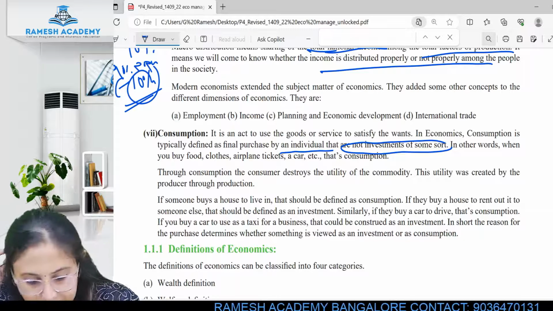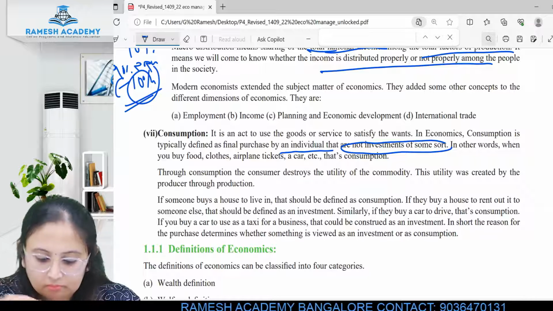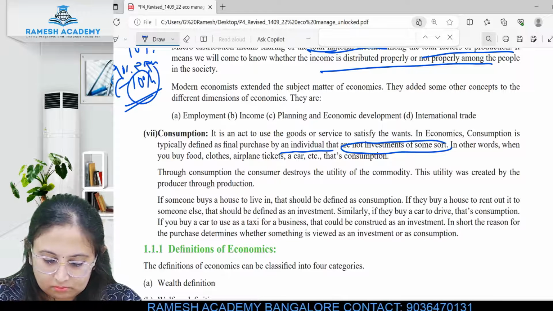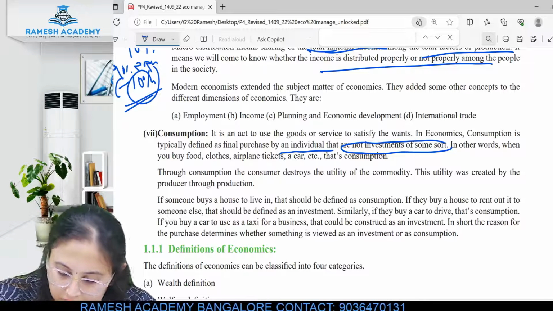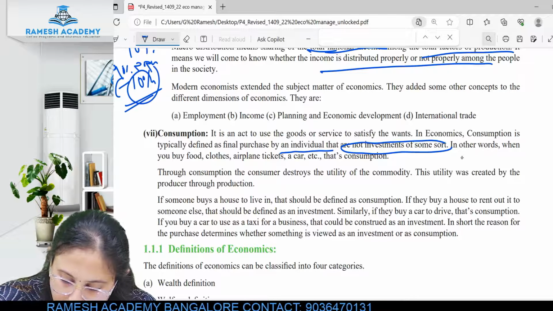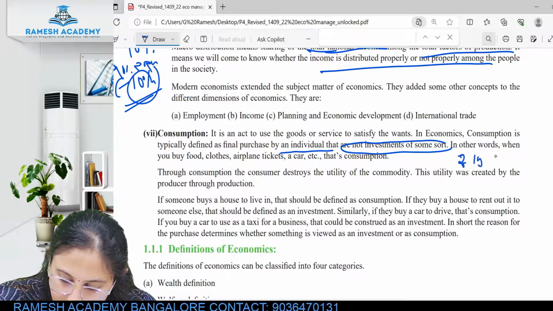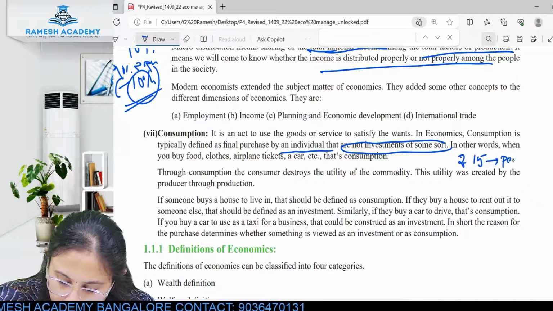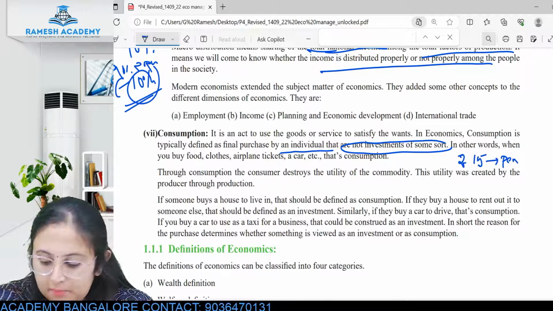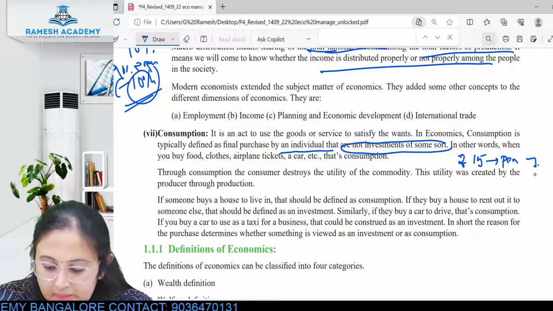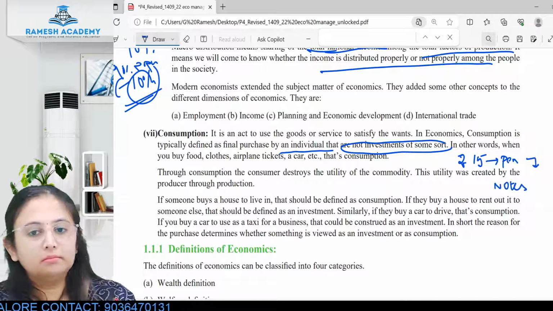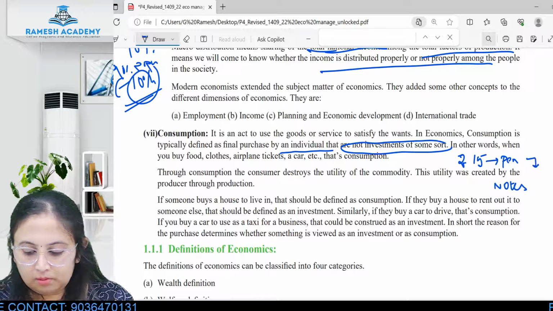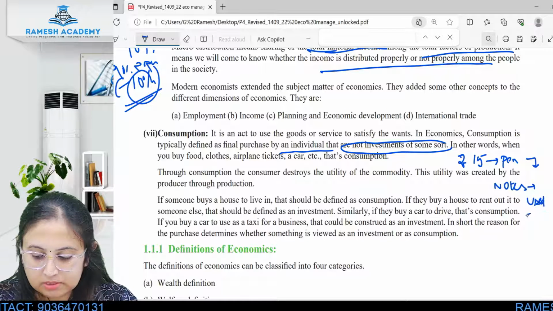That means, see what happens is, now for 15 rupees I bought a pen, and with this pen I am writing notes, and you completely used that pen.